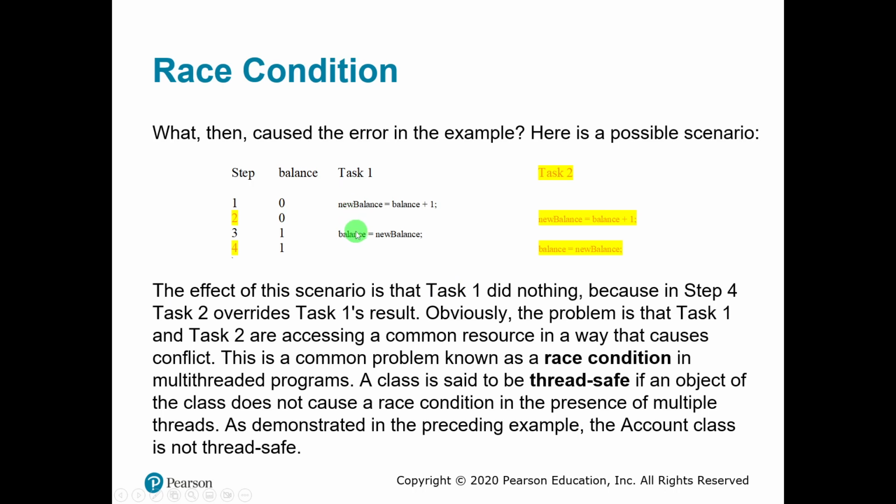Effectively, task 1 ended up doing nothing because task 2 overrode it in step 4 there. It's a common problem called race condition in multi-threaded programs. A class is said to be thread safe if an object of the class does not cause a race condition in the presence of multiple threads. So how do you make it thread safe? How do we prevent the race conditions?